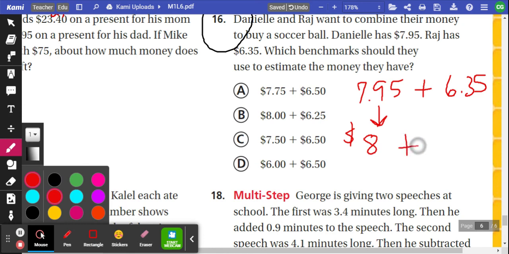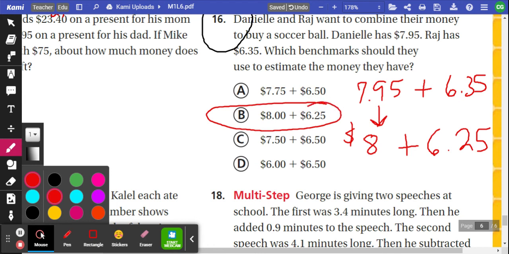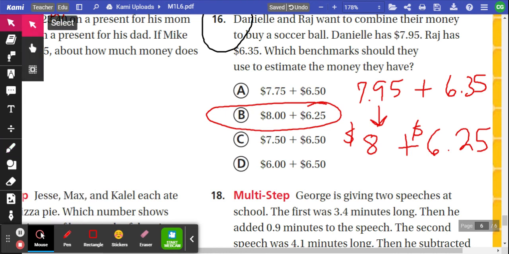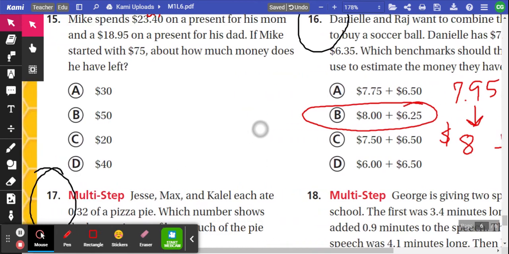So this would be plus $6.25. You can see that it could be that, but I know that this is $8, so I'm going to look for the one that has $8 and then the $6.25. So those are the benchmarks they would use. Okay, is that making a little bit more sense? Again, it's just that practice we need to do.